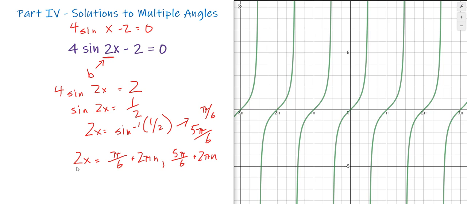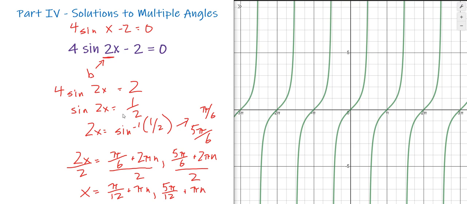And now I can go ahead and divide through by that 2. So I'm going to go ahead and divide everything on both sides by 2. And this will get me that my general solution at this point is going to be x is equal to pi over 12 plus pi n, or 5 pi over 12 plus pi n.